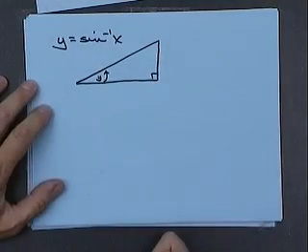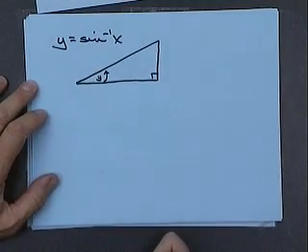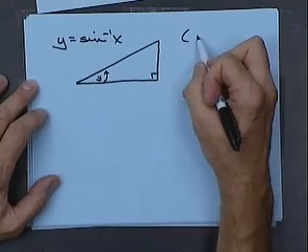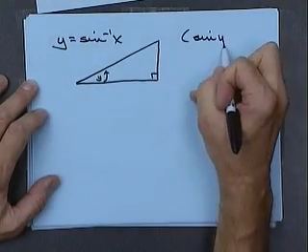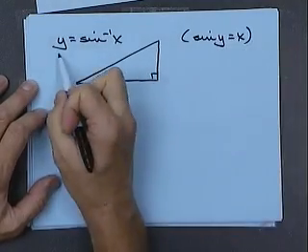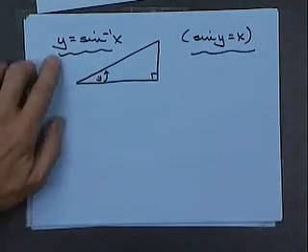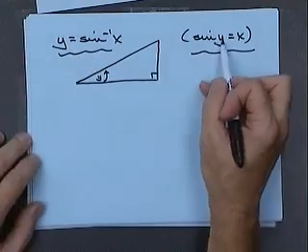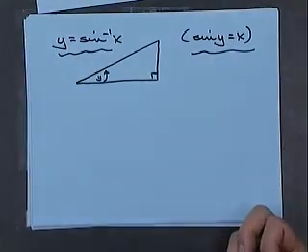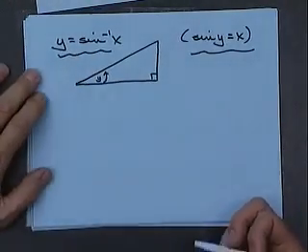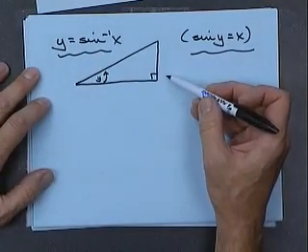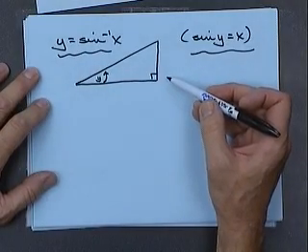And if the sine of y is x, these two say the same thing. y is the angle whose sine is x. If you take the sine of y, you're going to get x. Same thing exactly. Tell me how I can label this triangle so that the sine of y is x.